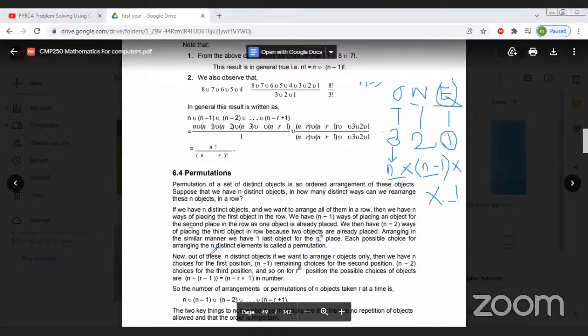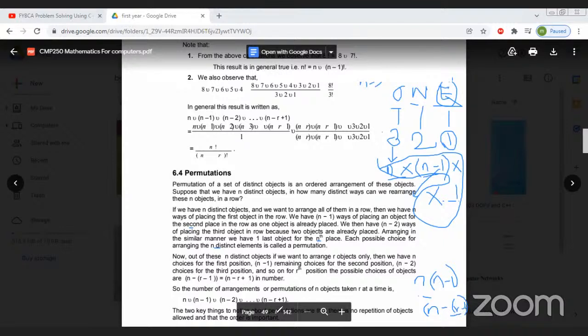Then this is called permutation. Now out of this, you need to arrange only r objects. Here we arranged all n objects; all these objects are included. Now we need to select only those arrangements which contain r objects. So the first position will be for n, the second for n minus 1, up to, till where will it go? We have to select r. So n minus r minus 1.